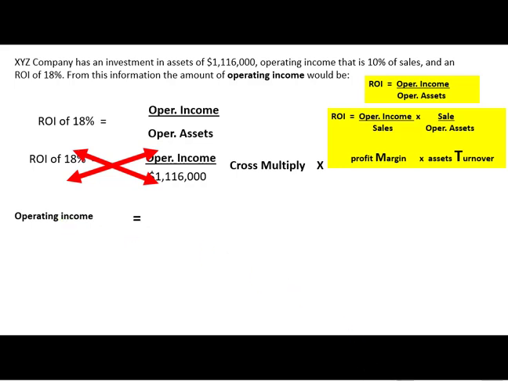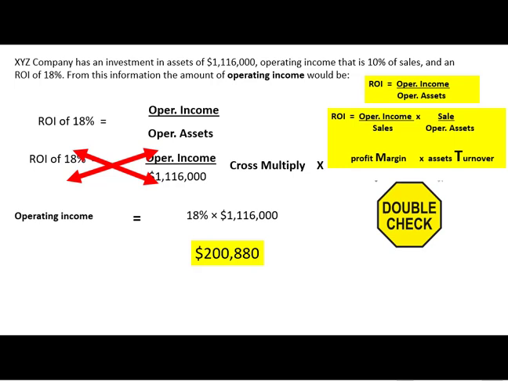And that operating income is equal to 18% times $1,116,000, which is the number we're going to come up with just a second, which is going to be $200,880. So I'm here to tell you that the answer is $200,880, but we're going to do something before we leave this problem.